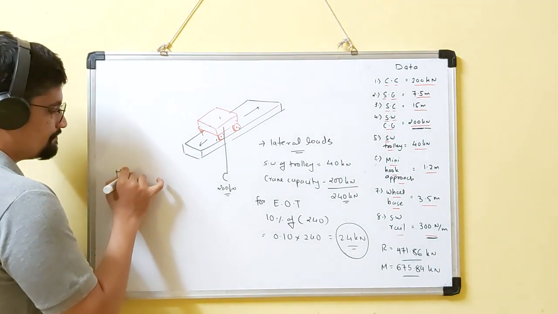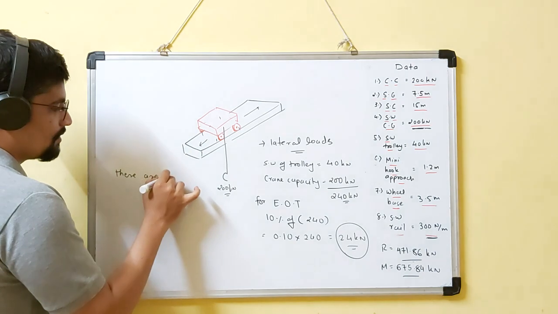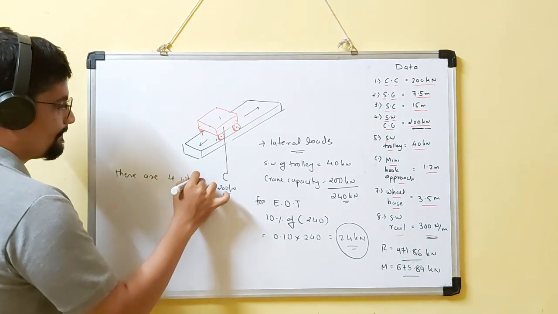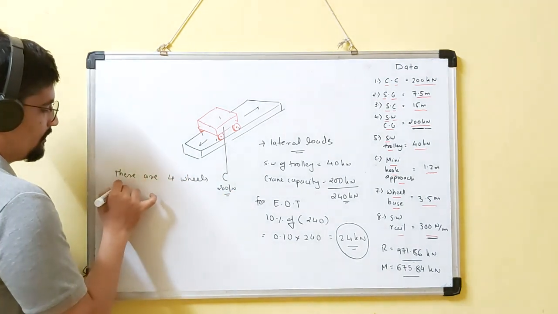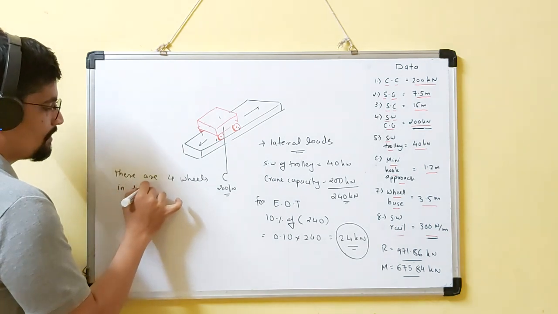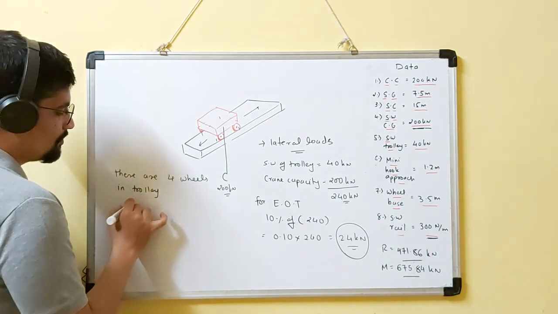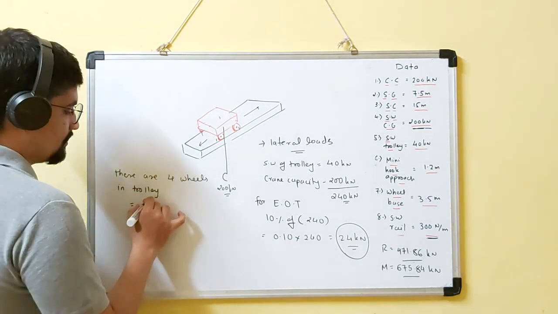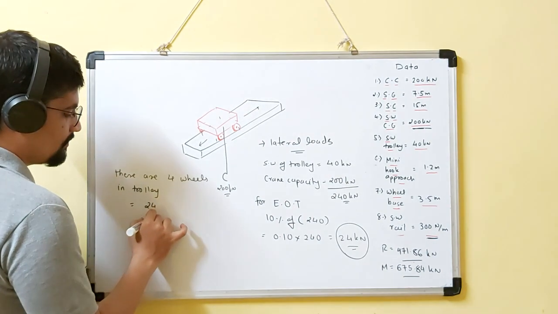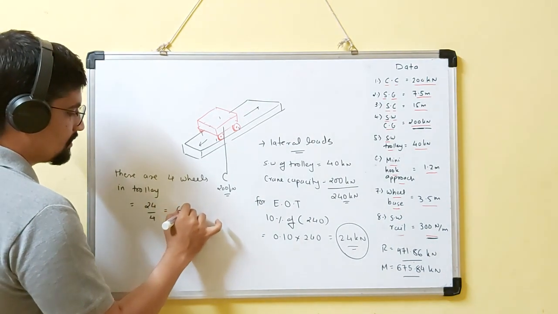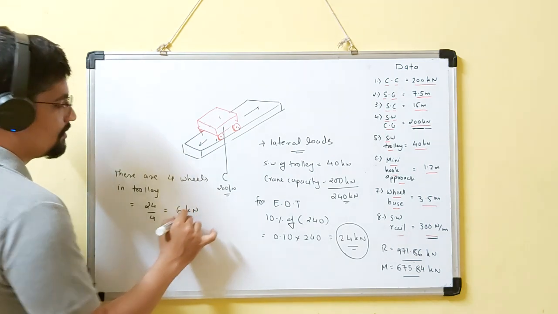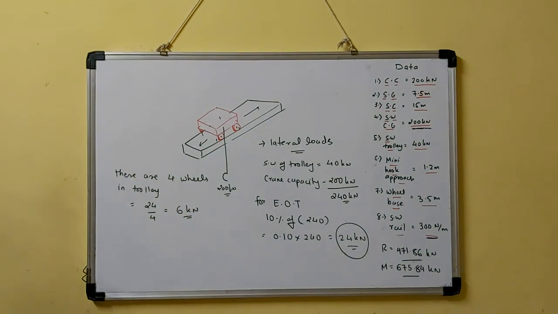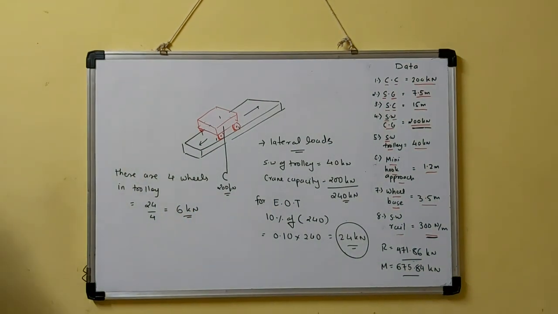There are 4 wheels in the trolley, so the load distributed on each of the 4 wheels is 24 divided by 4, which is 6 kilonewton. This is the working load, so we need to factor it.